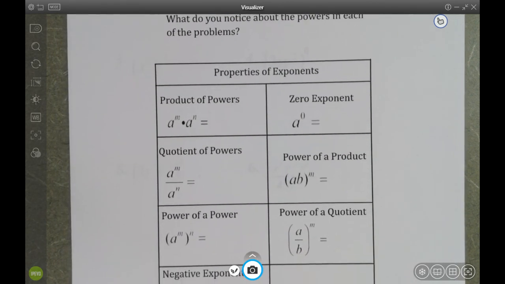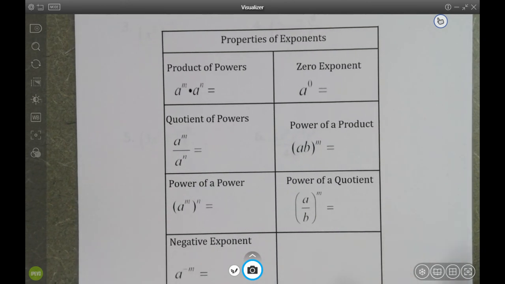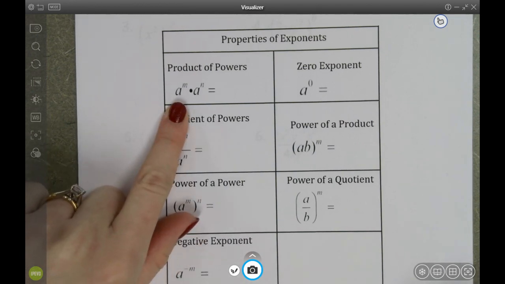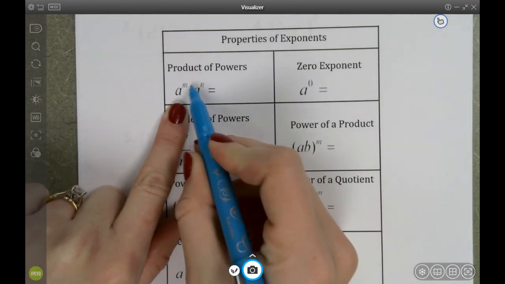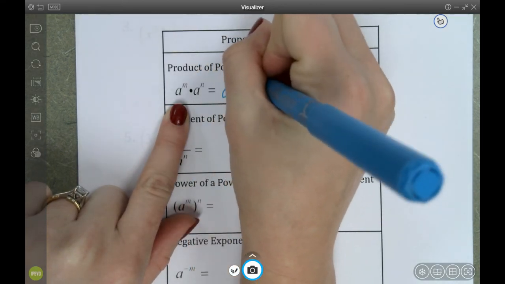Okay, so these are all the properties of exponents, and you are going to need these a lot, so you might as well just embrace them. When we were multiplying and our base was the same, we could add our exponents, so a to the m plus n.